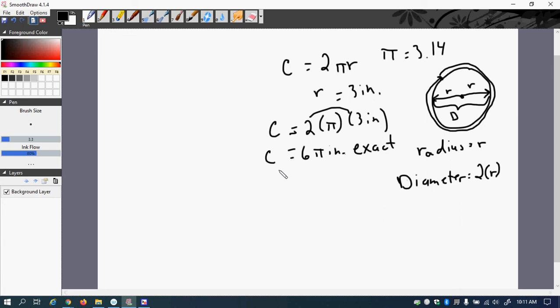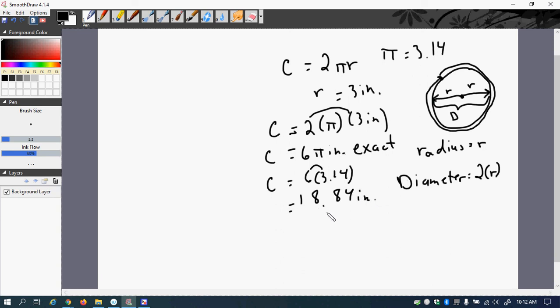If I want to get it to be rounded, then I have to take 6 times 3.14, and now I multiply that. If we calculate that on our calculator, 6 times 3.14, I get 18.84 inches.